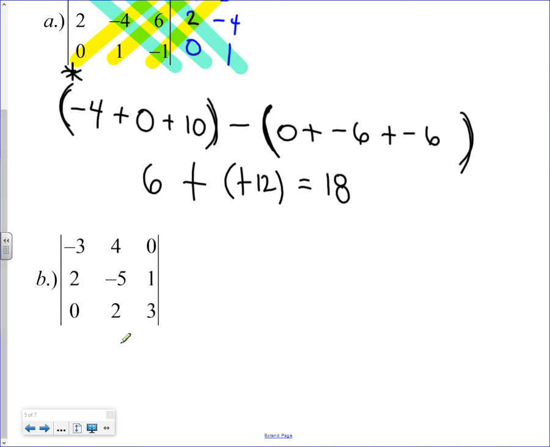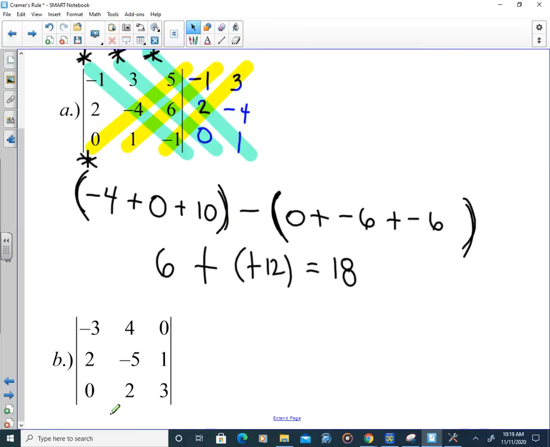All right, so hopefully you had some time to work it out and see what we end up with. So again, our first step is to take my first column and just extend it to the end of my matrix. Take my second column, extend it to the end of my matrix.